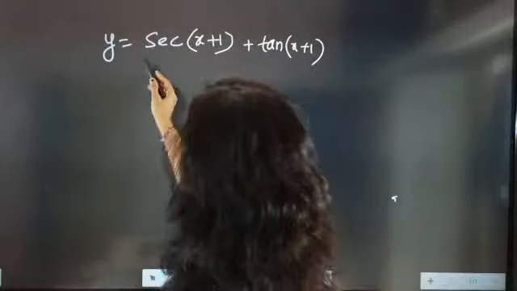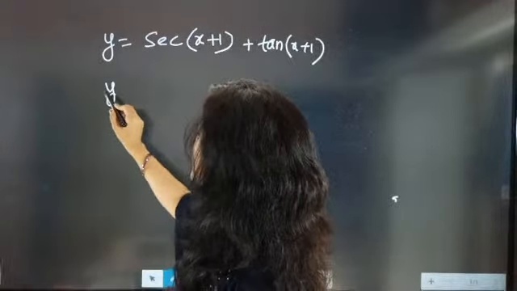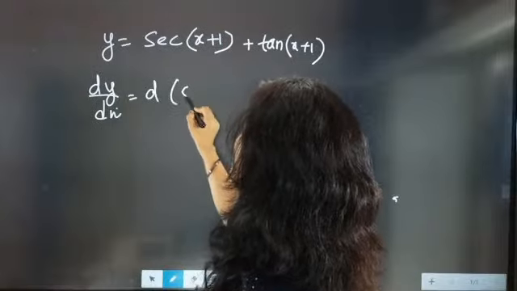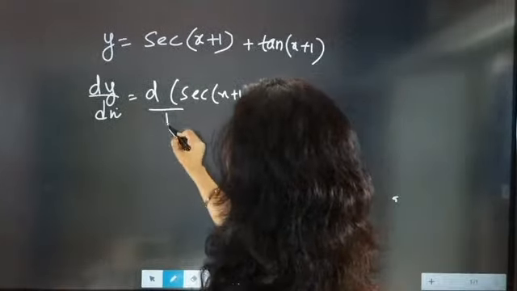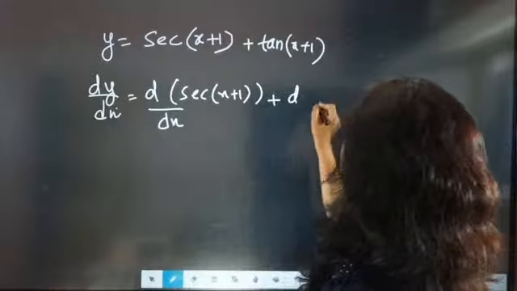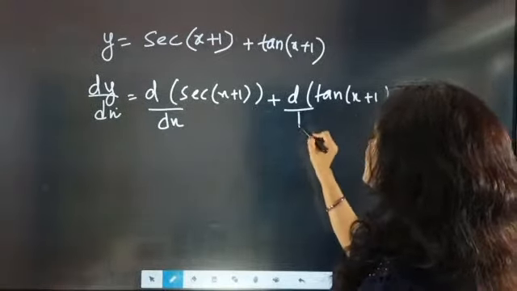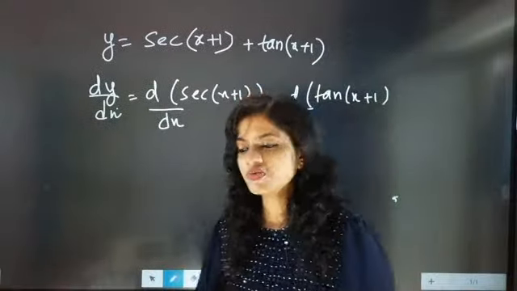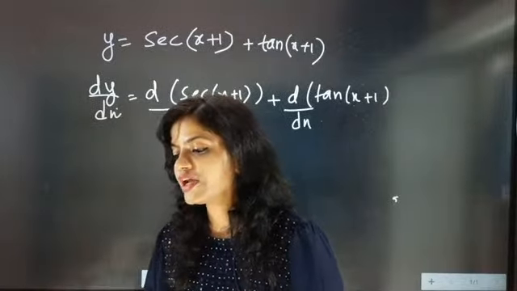Now here, the first thing given to you is y, so first we will write dy by dx. We are going to differentiate, so it becomes d of secant of x plus 1 by dx plus d of tan of x plus 1 by dx. So the first work is to differentiate with respect to x plus 1, so we have to create a change here.